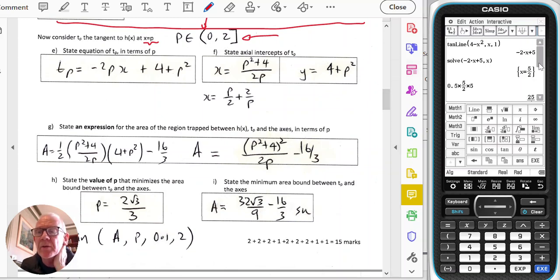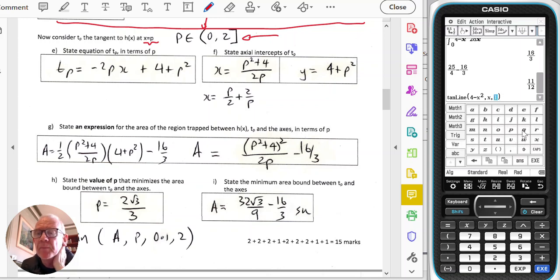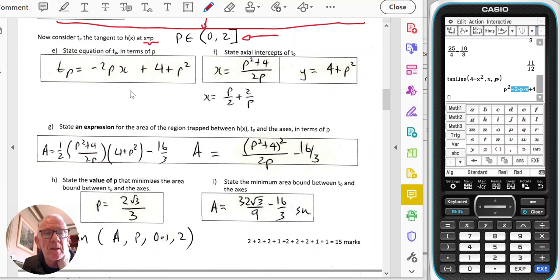So if I go to the top and grab this, but I now do it at P, that's going to give me y equals minus 2px plus 4 plus p squared.